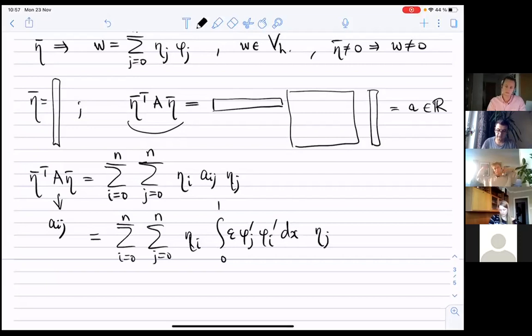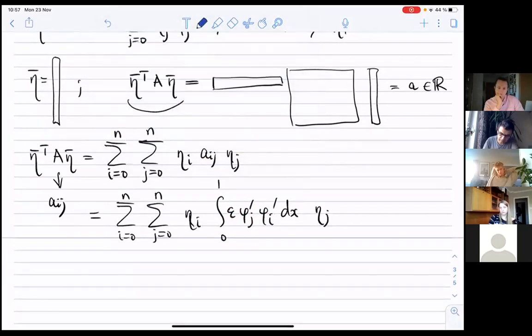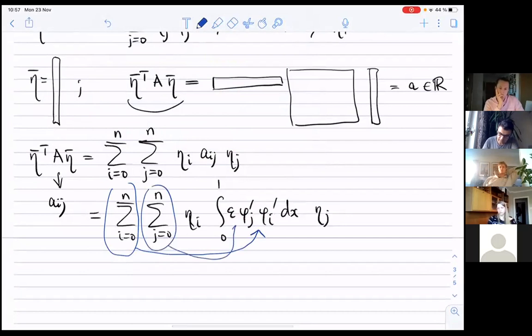So we write, so what is Aij? Aij, the elements, they are integrals of this product. So the next step we do, we move this sum in front of this phi i, and we move the second sum in front of phi j. Of course, when we move the first sum, we have to move these coefficients as well. So we write the following.